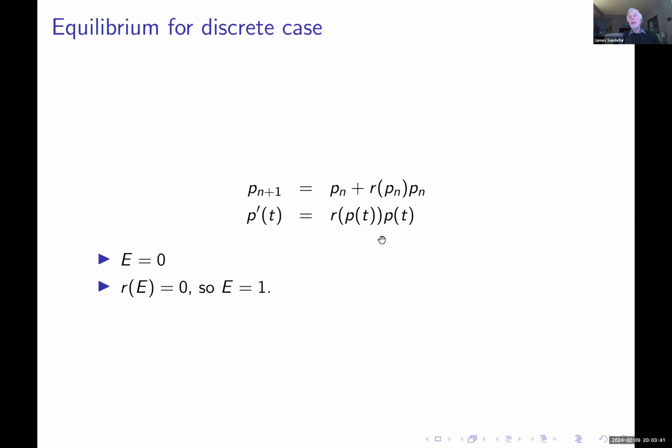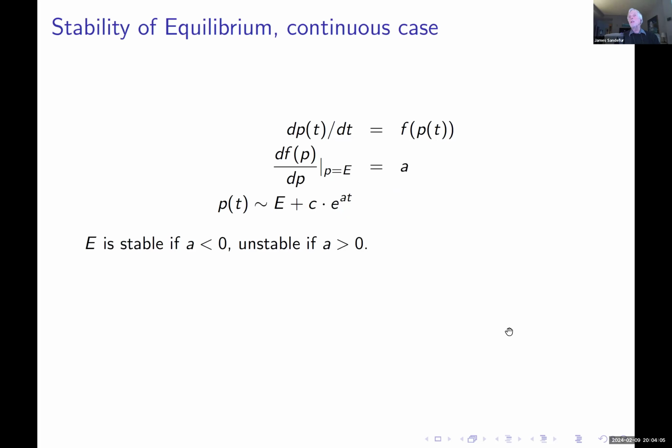In studying these two models, we look at the equilibrium values, and hopefully everybody can see that 0 is an equilibrium value for both equations. And also, since R of E is 0, 1 is also an equilibrium value for both equations. So what we're going to do is study these equations near equilibrium. So we linearize.